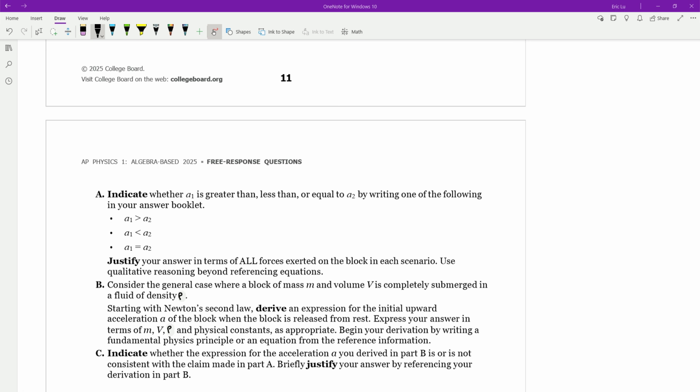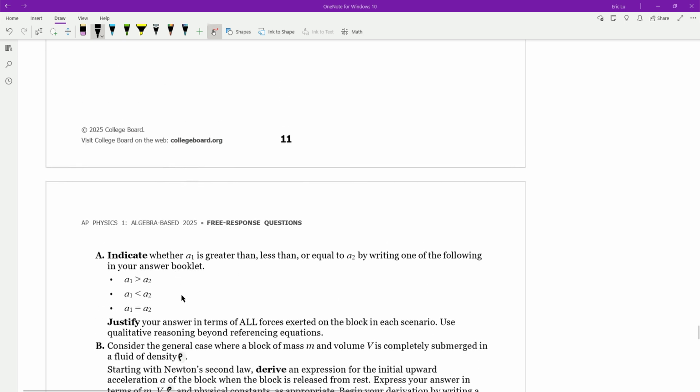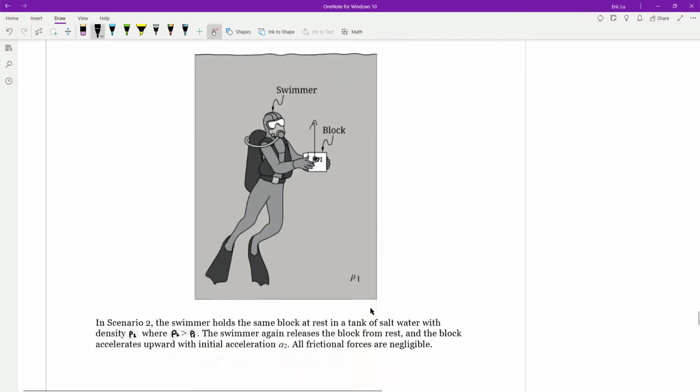Okay, so make sure that in these types of questions you do not reference equations. You have to use reasoning. In a pool with a greater density, there will be more molecules per unit volume.